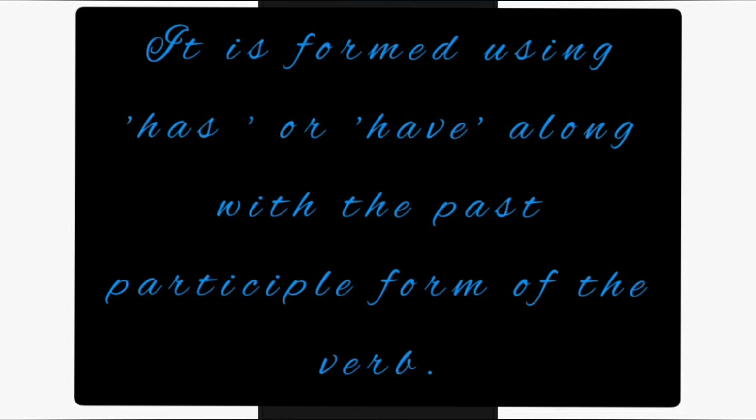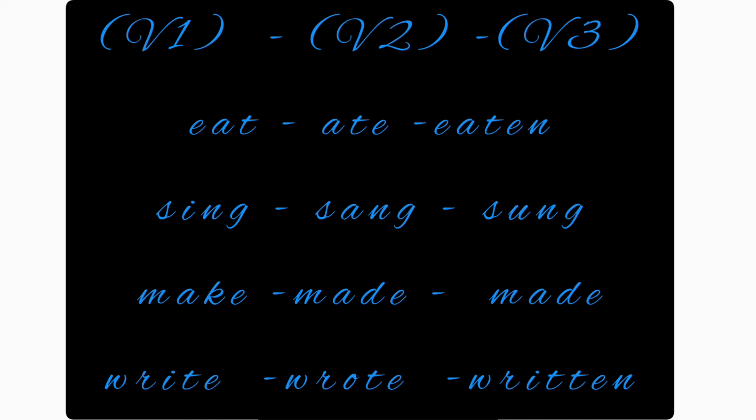So you should know what are the verb 1, verb 2 and verb 3. Verb 1 present, verb 2 past, verb 3 past participle form of the verb. Now I will show you some examples which include three forms of the verbs.